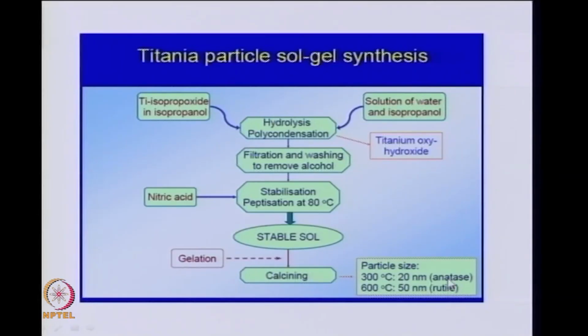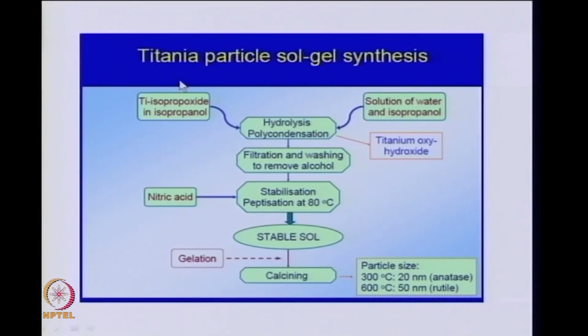So, both anatase and rutile structures have the same composition of TiO2, but they have different structures, and depending on your temperature of calcination you can get either anatase or rutile.